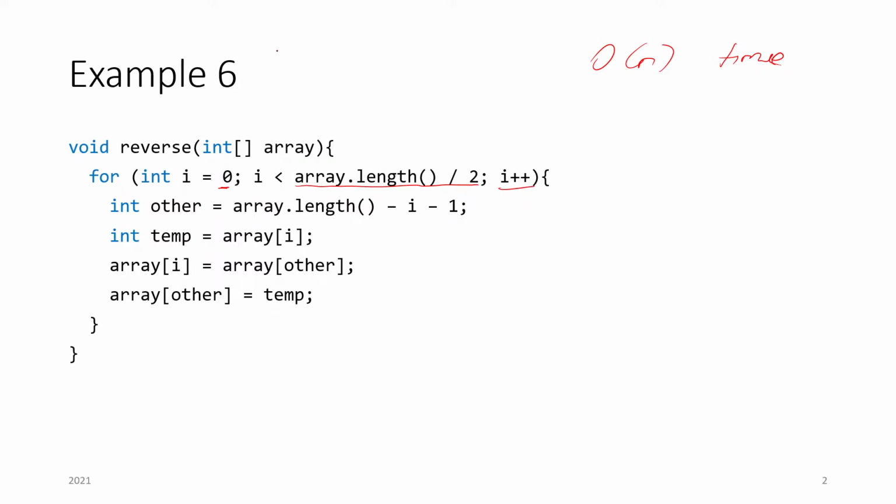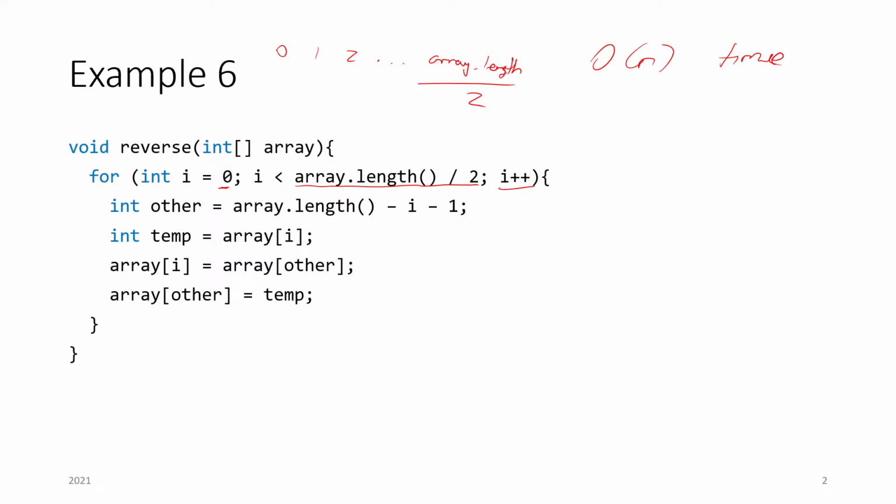So we'll be going 0, 1, 2, all the way up to array length divided by 2. Because we're going from 0 up to half of the array length, we're only going through half of the items in the array.